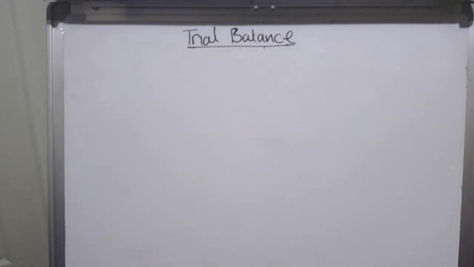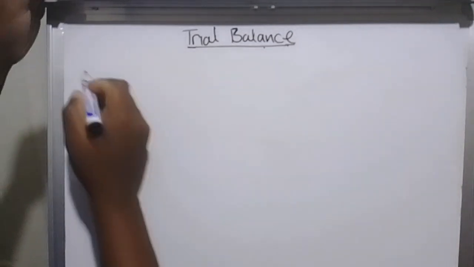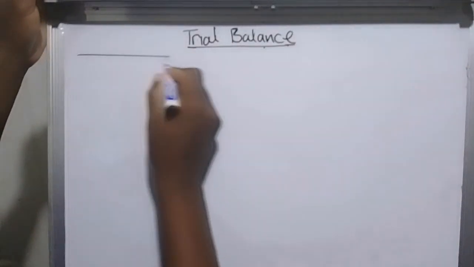If it doesn't balance, it means we would have made an error somewhere, because we are supposed to do double entry when doing our records. So if there is no double entry, or if there is an error during the double entry, the trial balance won't balance.